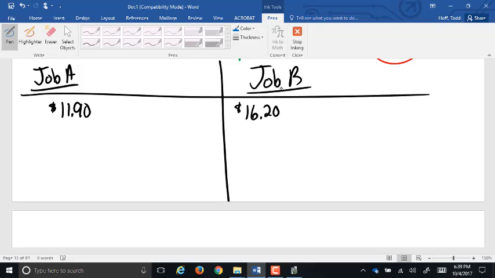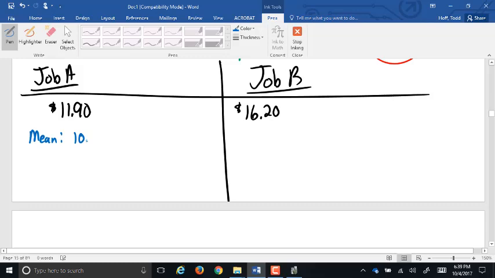And what we're going to use for cost of living measurement is the mean salary or the mean wage in each place. So in the location of job A, the mean wage is $10.90 with a standard deviation of $1.20.